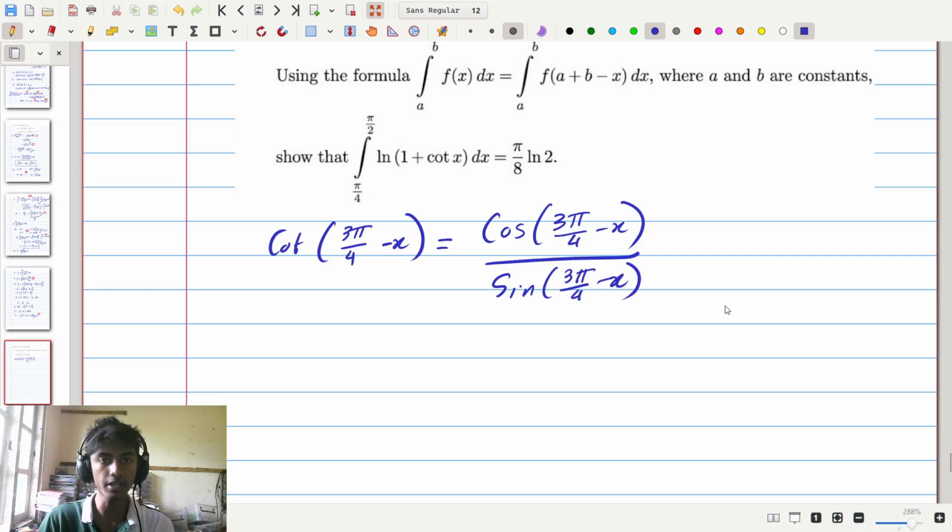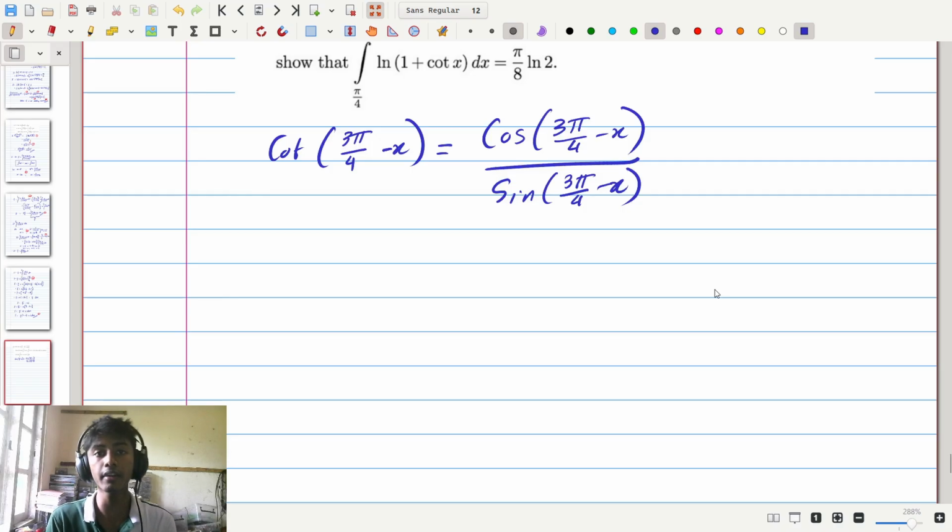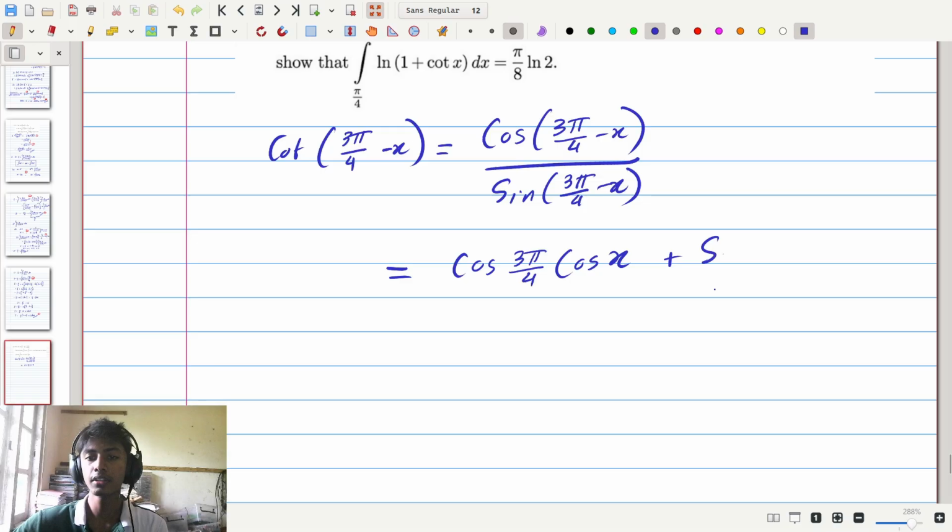Now into here, what I'm going to do next is substitute in the formulae for cosine of a minus b and sine of a minus b. Now the cosine of a minus b is equal to cos a cos b plus sine a sine b. And therefore, if we have the cosine of 3 pi by 4 minus x, it can be written as cosine of 3 pi by 4 times the cosine of x plus the sine of 3 pi by 4 times the sine of x.